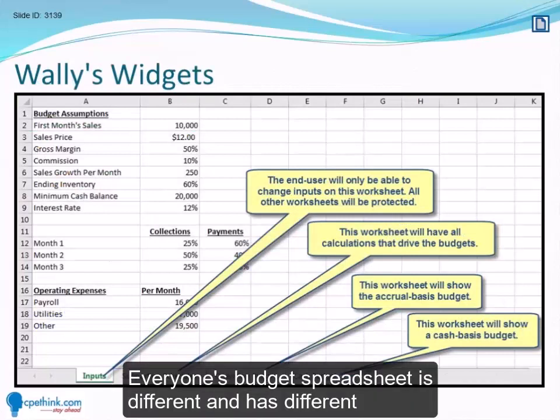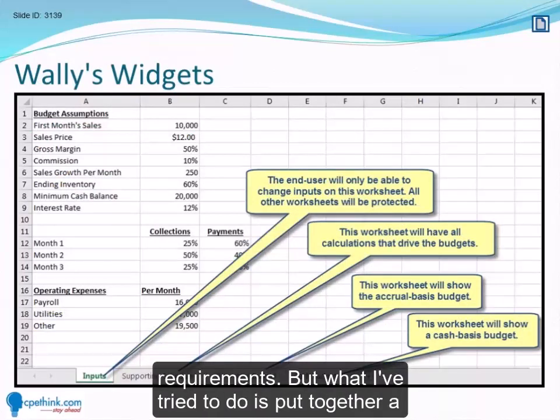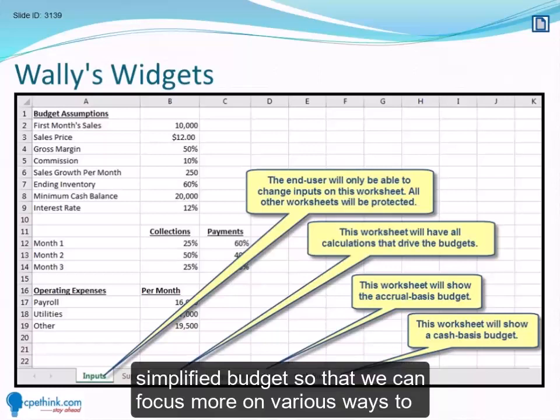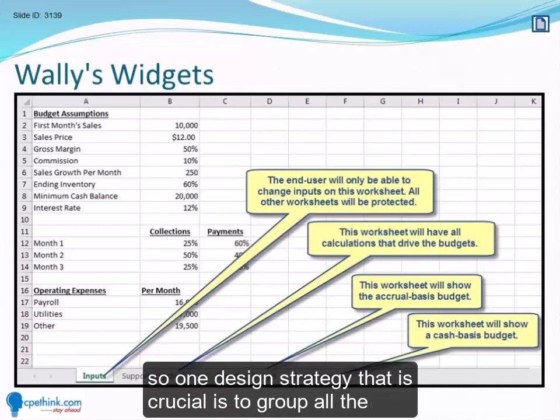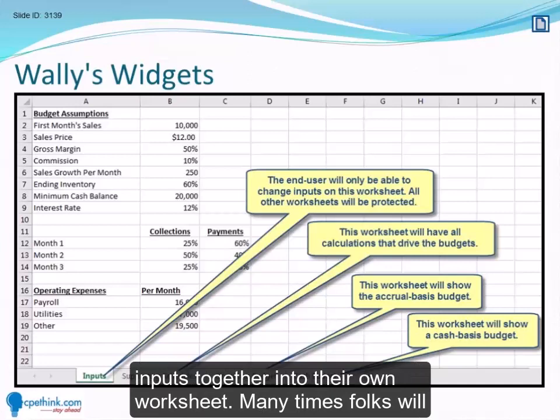Everyone's budget spreadsheet is different and has different requirements, but what I've tried to do is put together a simplified budget so that we can focus more on various ways to accumulate the data and also lay out our budget spreadsheet. And so one design strategy that is crucial is to group all the inputs together into their own worksheet.